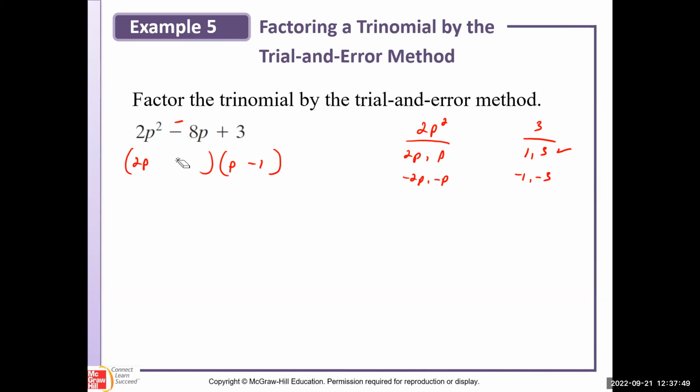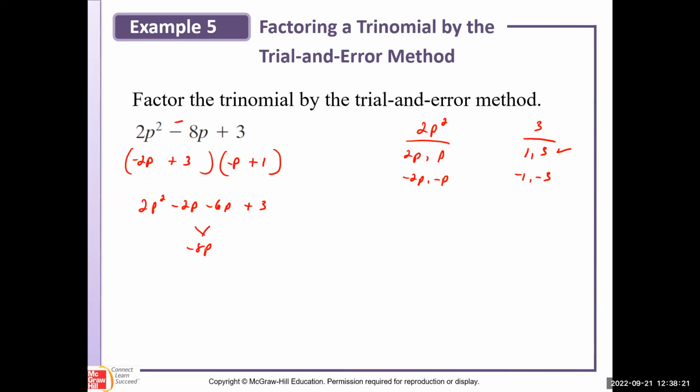And so the other thing that I can do is I can try the -2p and the -p, right? So I'm going to try the 1 and the 3. So -2p times -p is +2p squared, -2p, -6p. And then this is going to be a +1. And so here I have my -8p, right?